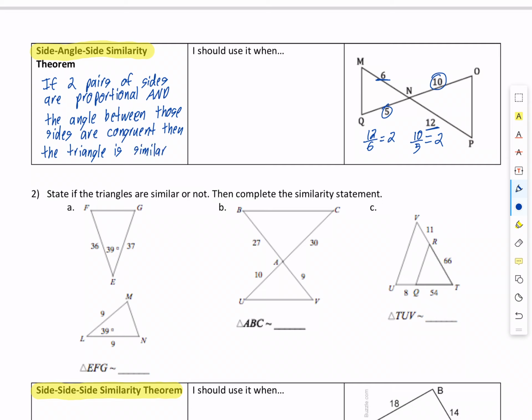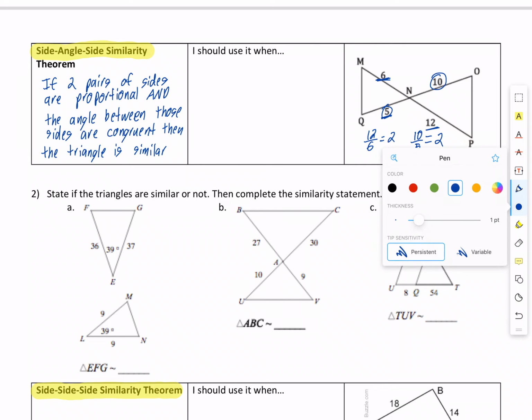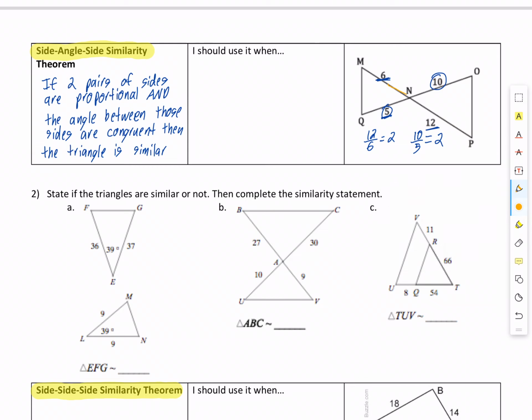So what that means is, if we look at these sides 6 and 5, we would need the angle in between those two. Blue's not a good color. So we would need this angle to be congruent to this angle in between 10 and 12.